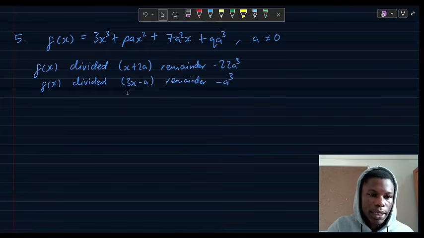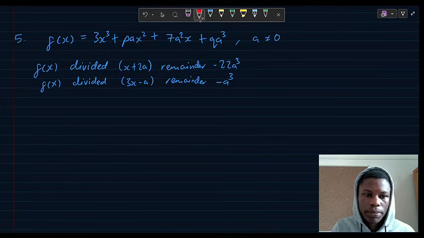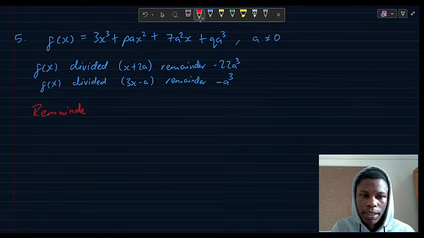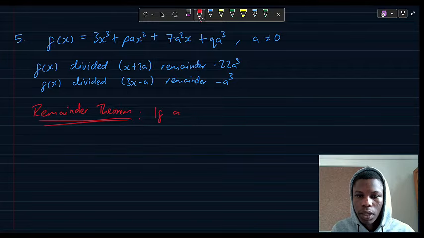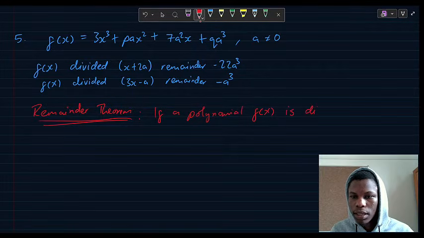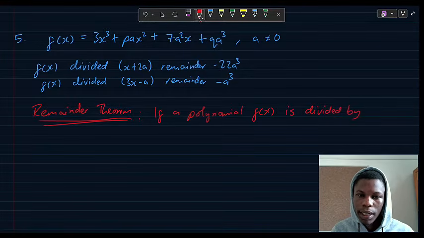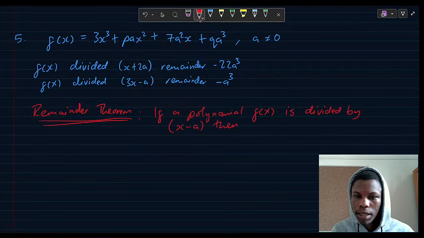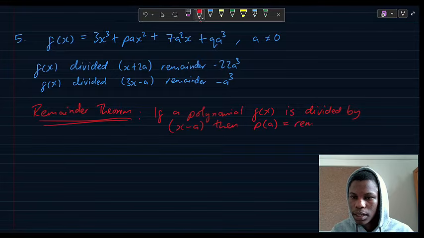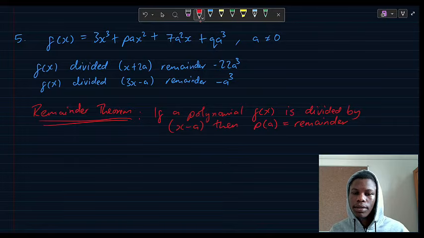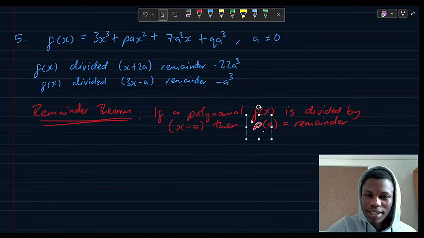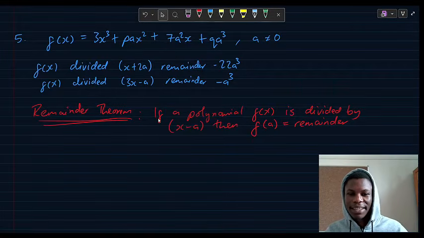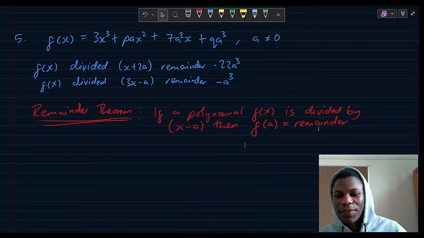Okay, there is a lot of unknowns. So what we want to use here is the remainder theorem. The remainder theorem states that if a polynomial, in this case f of x, is divided by x minus a, then f of a is equal to the remainder.